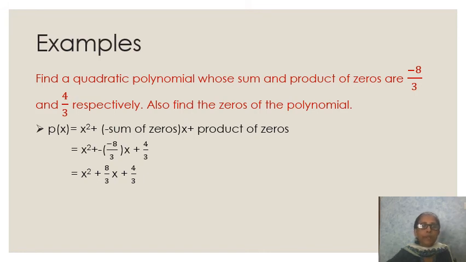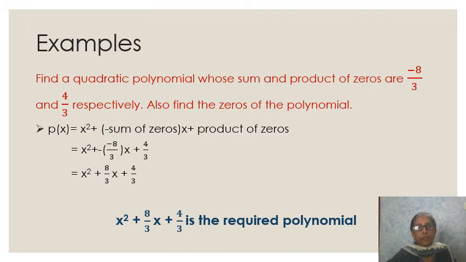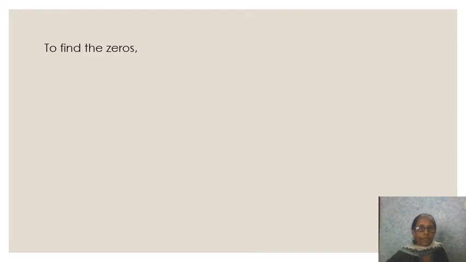So x square plus 8 by 3 x plus 4 by 3. Okay, that is the required polynomial. So you have learned to get the polynomial if the sum and product of zeros are given. Just write the formula P of x is equal to x square plus minus sum of zeros into x plus product of zeros. So say once again, x square plus minus sum of zeros into x plus product of zeros. Clear?